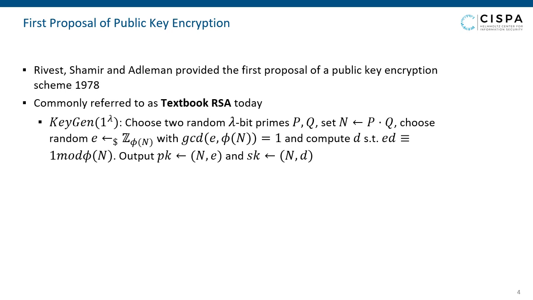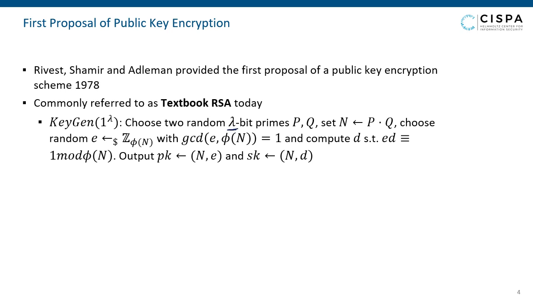First we choose two random security-parameter-bit primes. Think about the security parameter here as something like 1000 or 1024 or 2048, this order of magnitude.